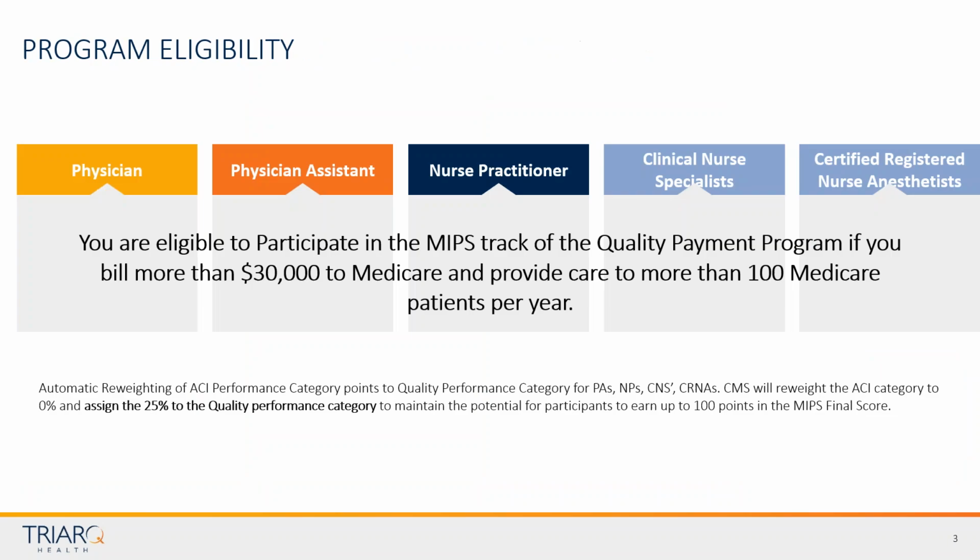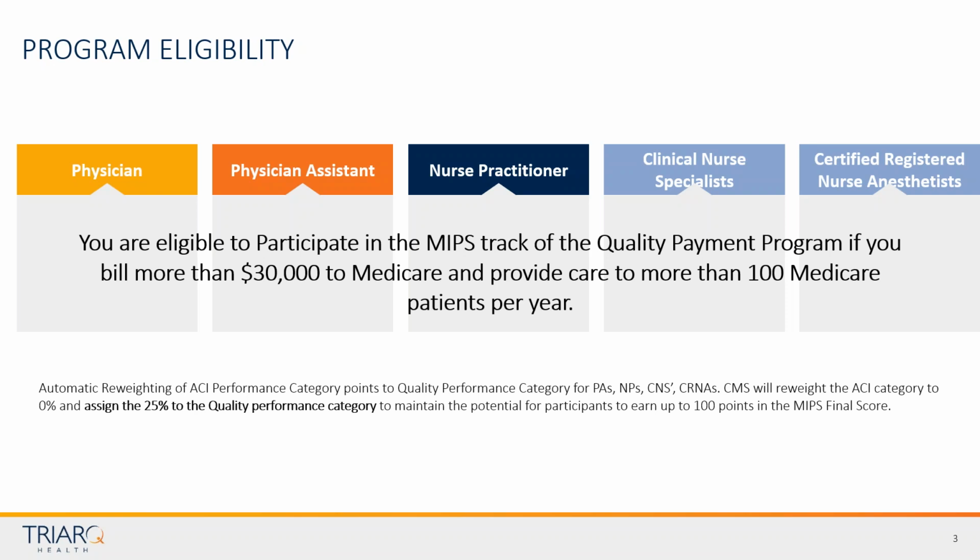So that's the history of this whole story. It's important to understand who's eligible. We've got a little grid here that shows us the different provider types: physicians, physician assistants, nurse practitioners, clinical nurse specialists, and certified registered nurse anesthetists. All are eligible for participation in MIPS. And this is super confusing because there are different degrees of participation.